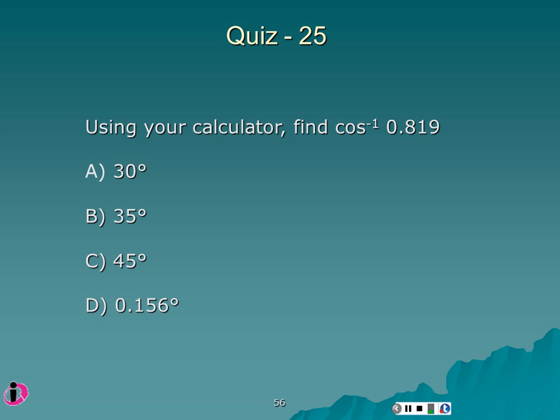Yeah, A was 40, so we move to the next question. Inverse cosine 0.819. Everyone has B? 35 degree. Tan inverse 0.176. D? Everyone has D? 9.98 degree. Alright. Tangent inverse 3.08. 72 degree.